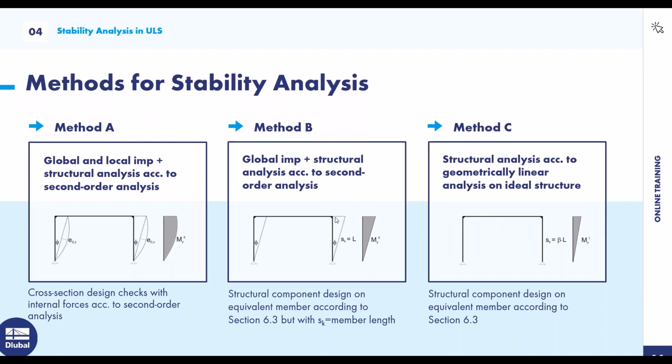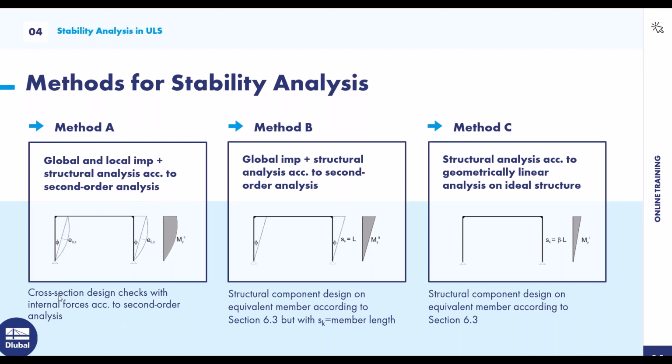Okay, methods for stability analysis. There are 3 methods. Method A: you have to apply a global and local imperfection, and the structure analysis should be done with the second order analysis.